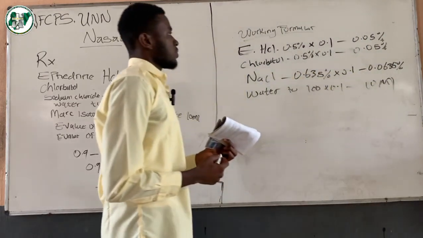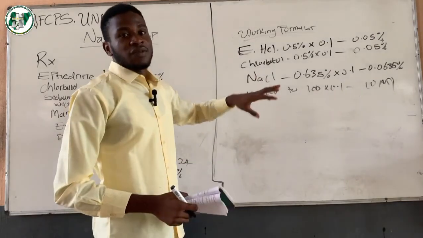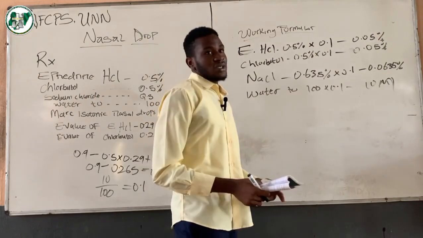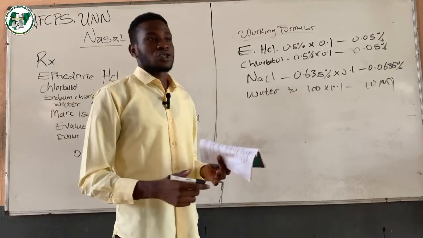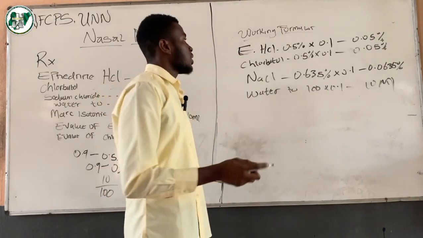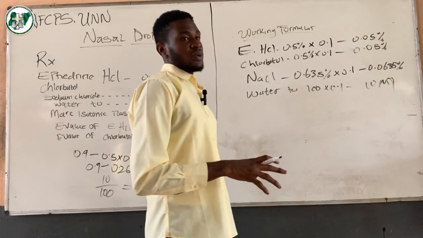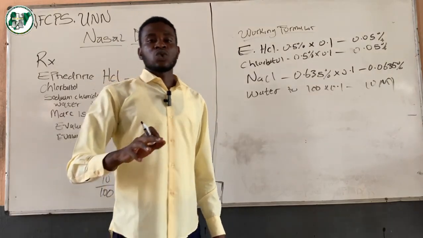Now, for these preparations in the lab, the ephedrine hydrochloride is given to you as a concentration. You might see ephedrine hydrochloride 5% in the lab, it might be 10%, so whatever percentage is given to you. For this preparation, we're going to be assuming that what was given to us was 5%.